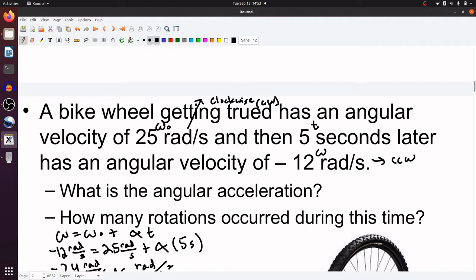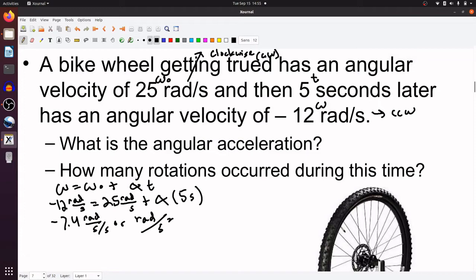So we actually know the direction it was rotating, and then we know that since the angular acceleration is negative, it was accelerating in a counterclockwise direction to slow it down. So based off of the signs, it's not what direction it's moving forward or backwards like we did with linear, but what direction, clockwise or counterclockwise, it was going. So you can actually pull a lot of information from that.